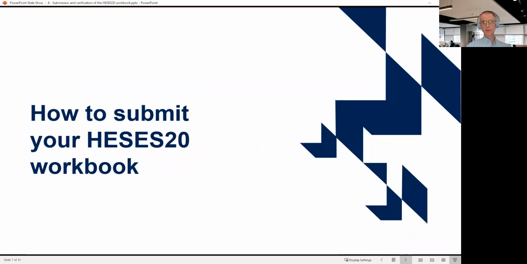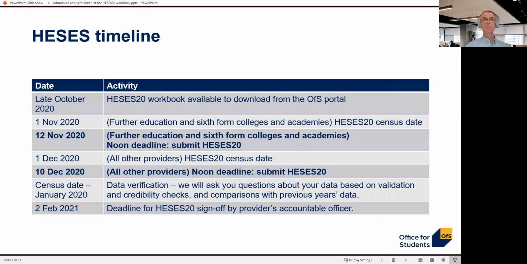So let's move on to the first part of the presentation today, which deals with how to submit your HESES workbook. I mentioned the timeline there, so it's good to set the scene in terms of where we are at this point in the process.